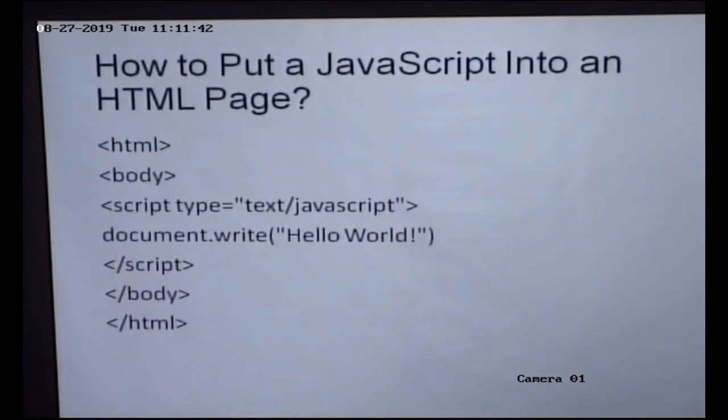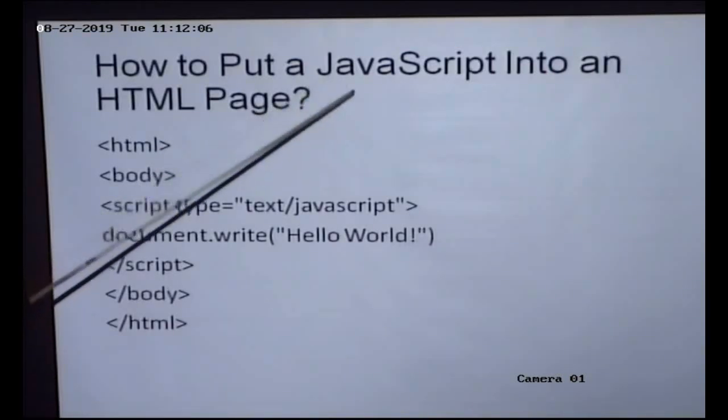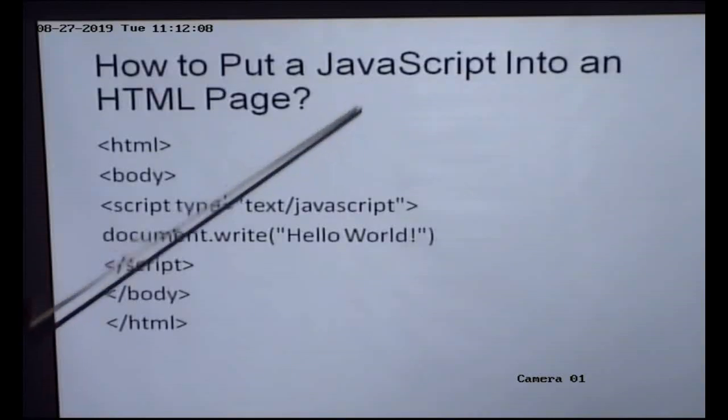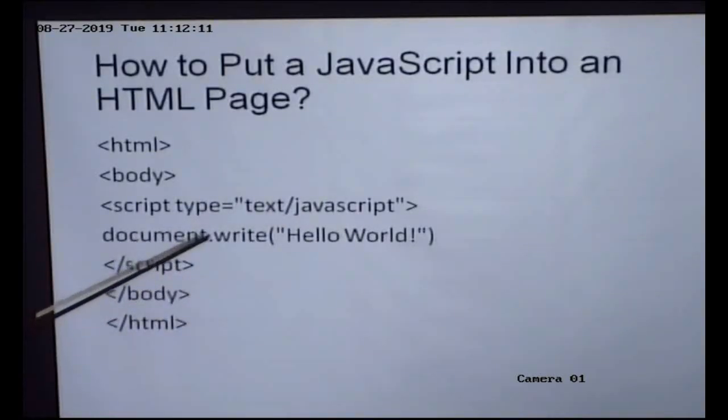Now come to the point: how to put JavaScript into an HTML page. We know that this is an HTML page because we have the HTML tag, which is a markup language. Start with HTML, and inside the body we have created a script. You use a script tag because you are going to create JavaScript code.